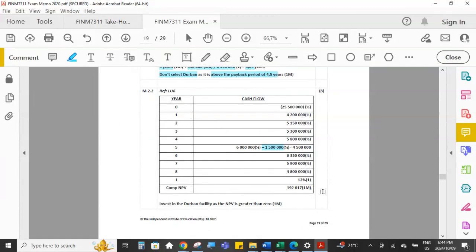If you remember also when we did net present value, the present value of a mixed stream of cash flows in Learning Unit 2, what we've calculated here, if you have a look, you can see this net present value is a positive figure.